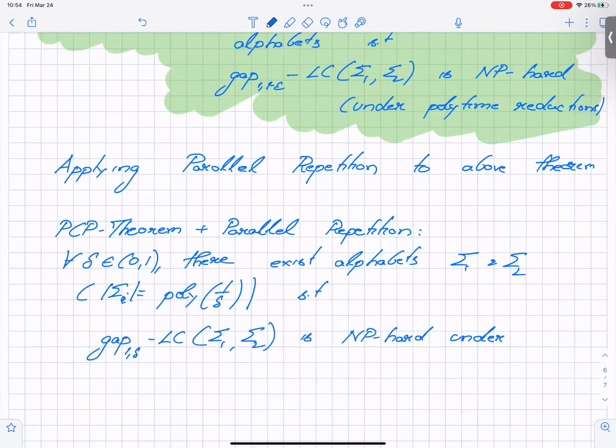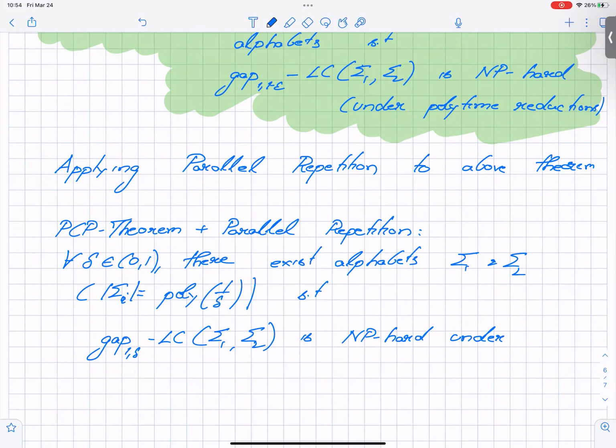under, what's the running time of the reduction? It's first polynomial to get to that, and now we have to repeat the game k times. So the instance size goes from n to n to the power k, but for constant delta.